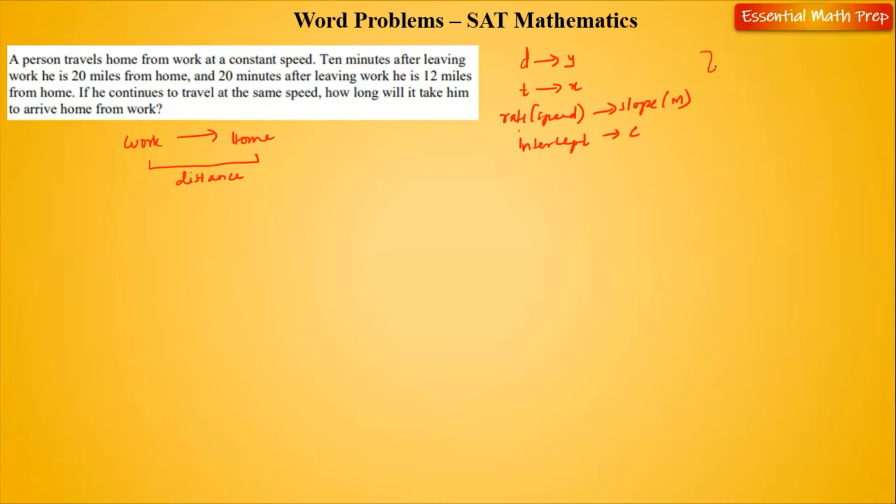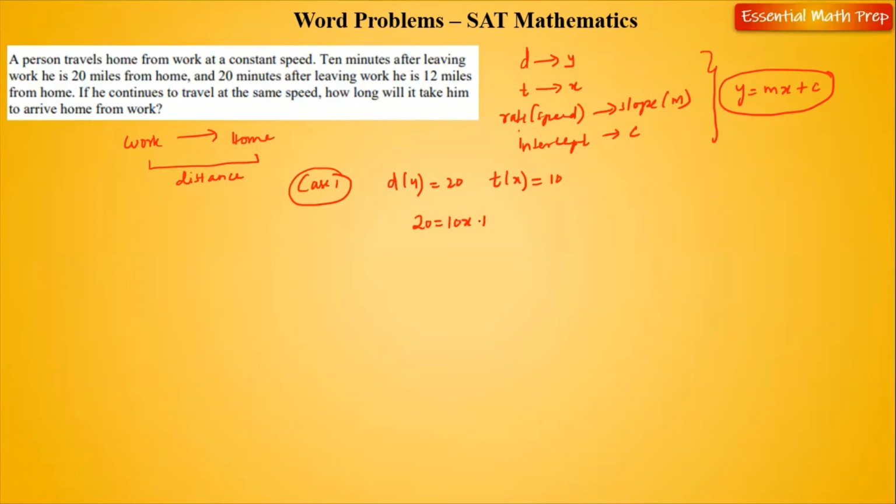If you put it all together into a single expression, it looks like your slope-intercept form, which is y equals mx plus c. For case one, your distance, which is your y term, is 20 miles, and your time, which is your x term, is 10 minutes. So if you put it together, it looks like 20 equals 10x plus c.